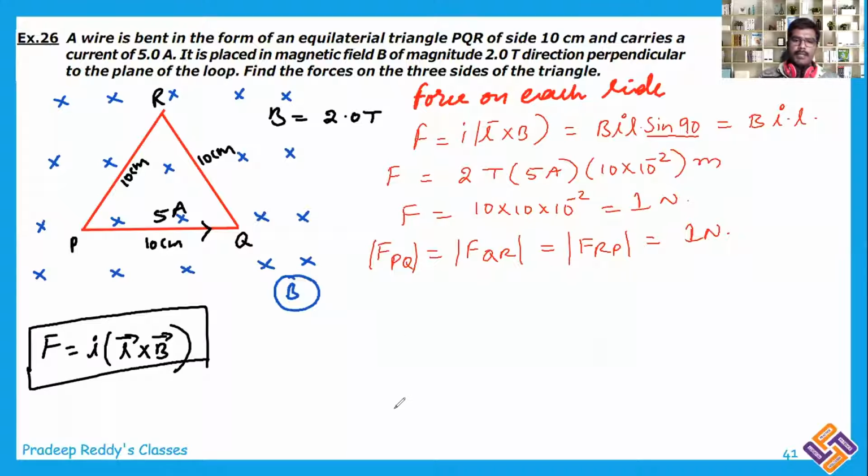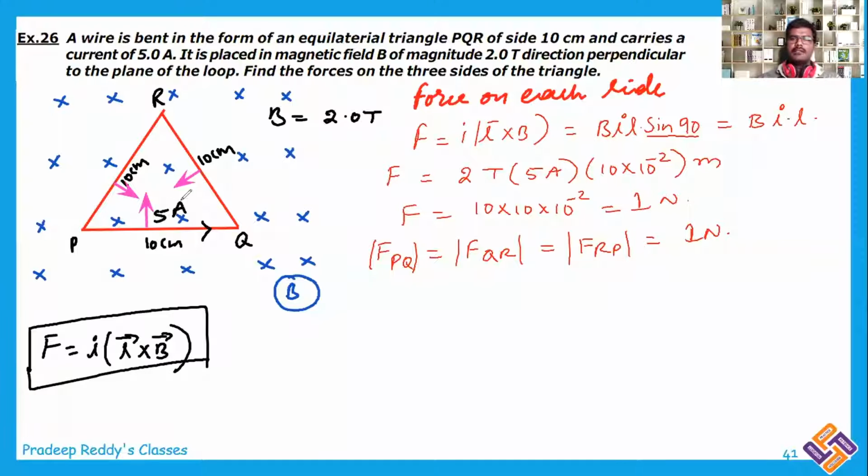Therefore, upon PQ there is a force acting in the upward direction. Next, from Q to R, force is in this direction, so force will be like this, and upon RP force will be like this. Okay, those are the forces.